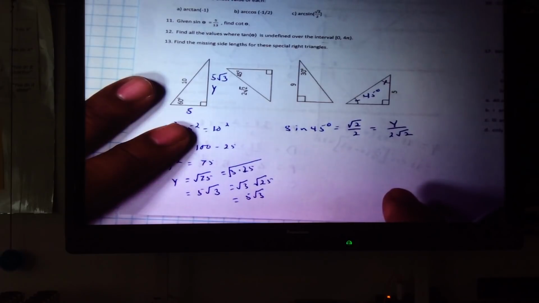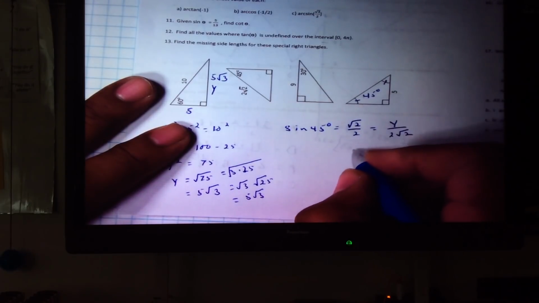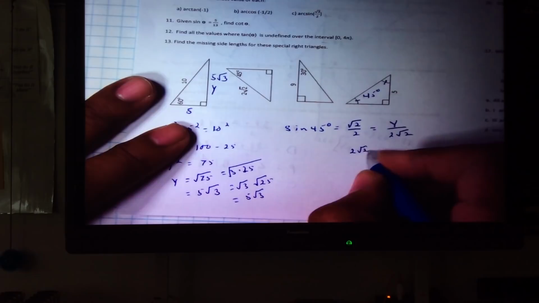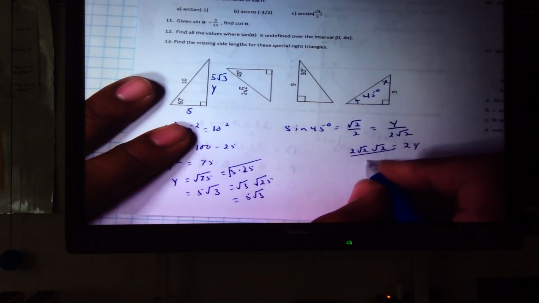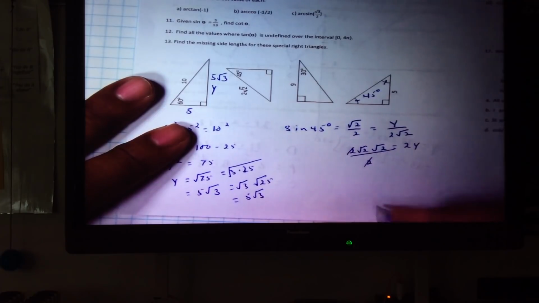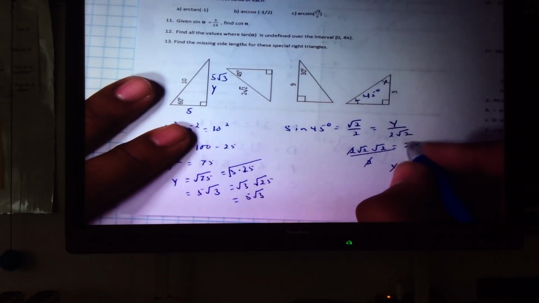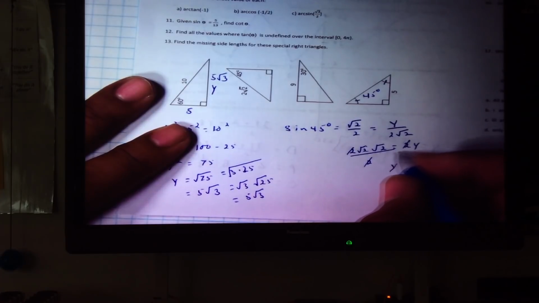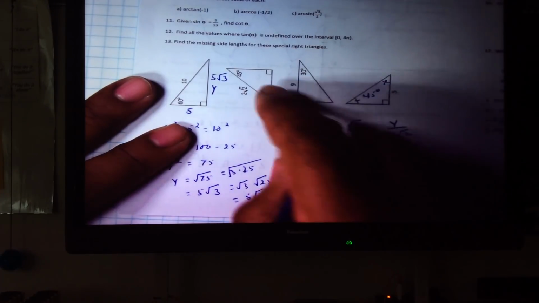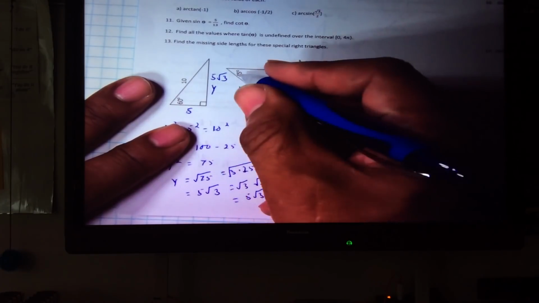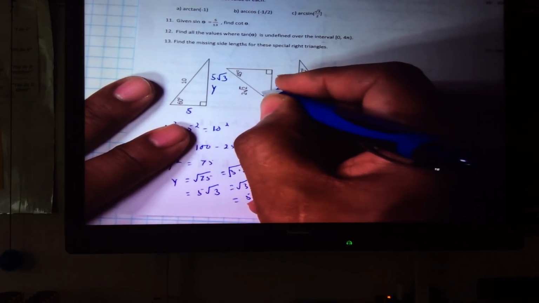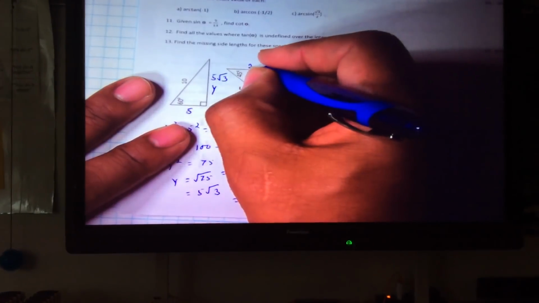Cross multiply and divide, and you'll get 2 square roots of 2 times square roots of 2 equals 2y divided by 2. And you see that y is equal to the square root of 2 times 2, which is 2. So y has to be 2. And since this is also 45 degrees, this side also has to be 2.